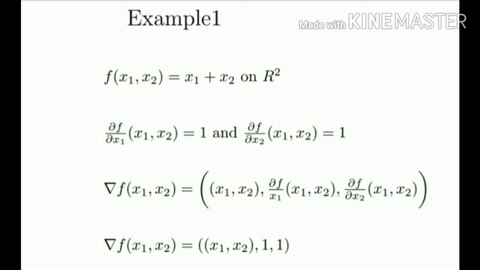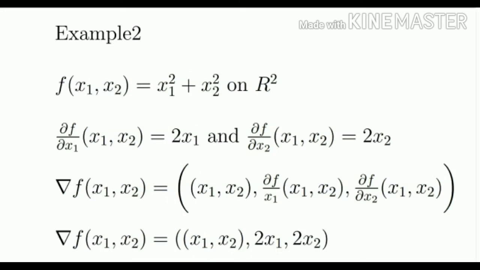Consider the partial derivatives of this function. That is, ∂f/∂x1(x1, x2) = 1 and ∂f/∂x2(x1, x2) = 1. Then grad f at (x1, x2) = ((x1, x2), ∂f/∂x1(x1, x2), ∂f/∂x2(x1, x2)), which is equal to ((x1, x2), (1, 1)). That is, the gradient vector field maps each point to the vector (1, 1) at that point.